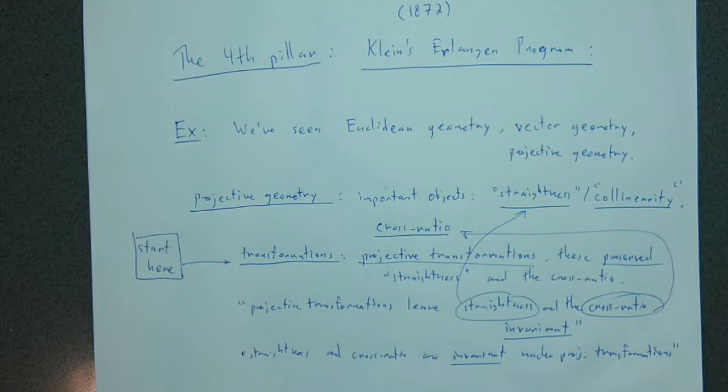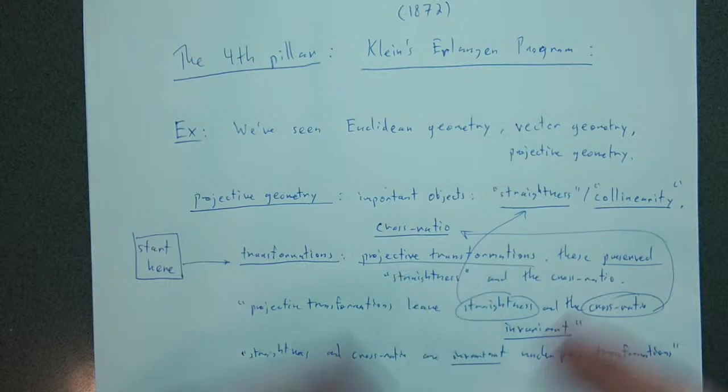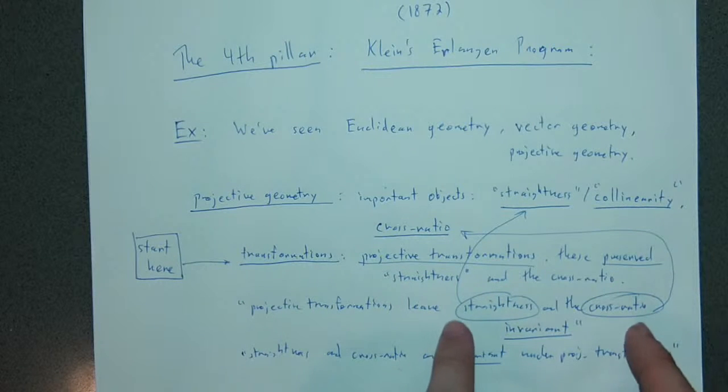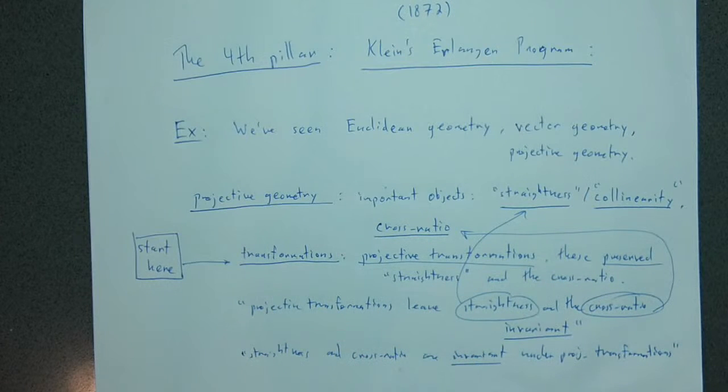This is what I did in Euclidean geometry, right? But the Klein way of doing this is I start with the transformations, I see what they leave invariant, and then I say those things that are left invariant, they are important in this geometry for these transformations because they are left invariant by the transformations.